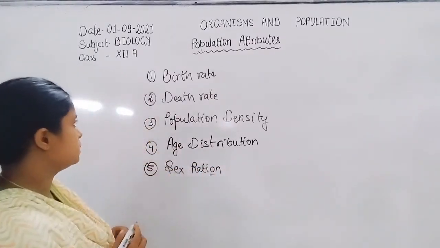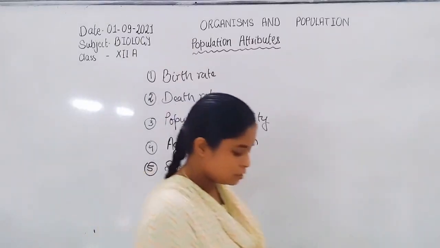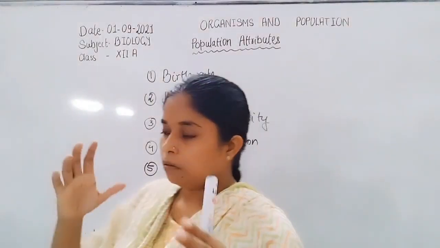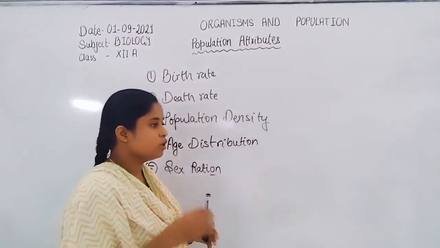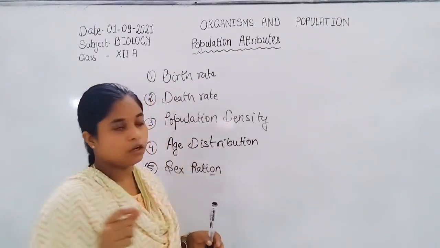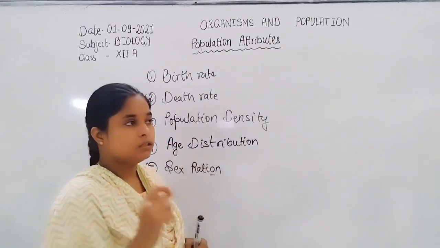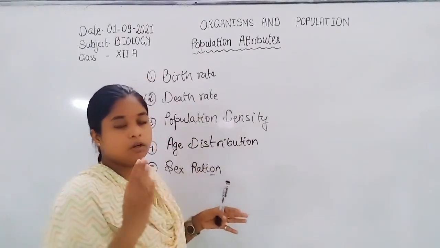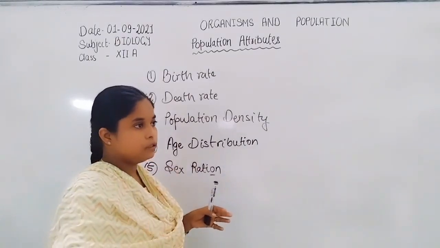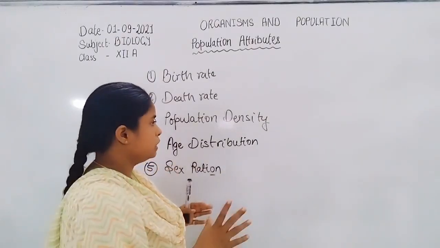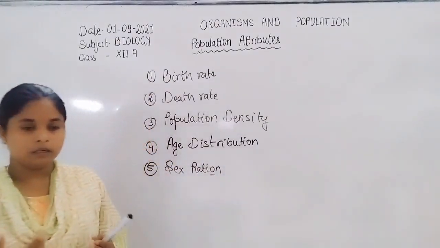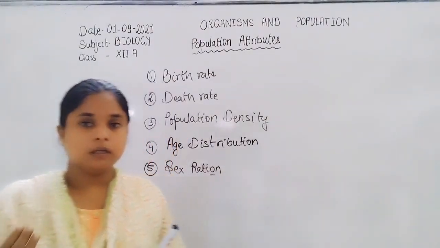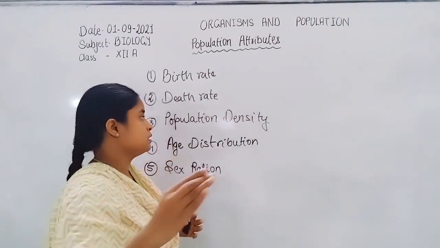So let us discuss the first attribute, the birth rate. Each individual undergoes death, because all living organisms present in a life form always go through death after some time.